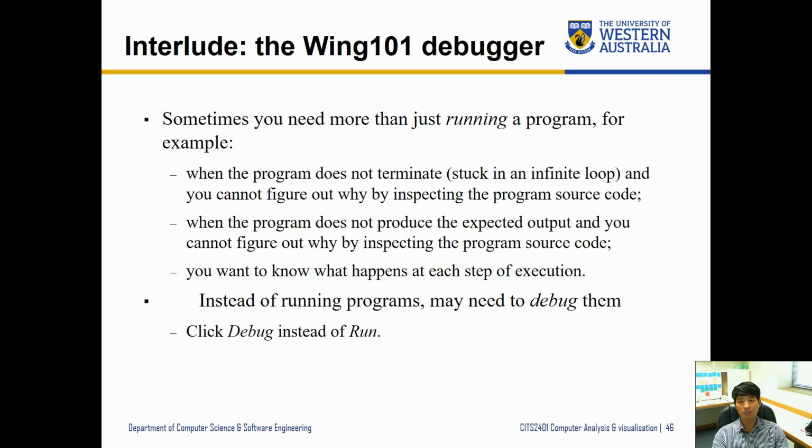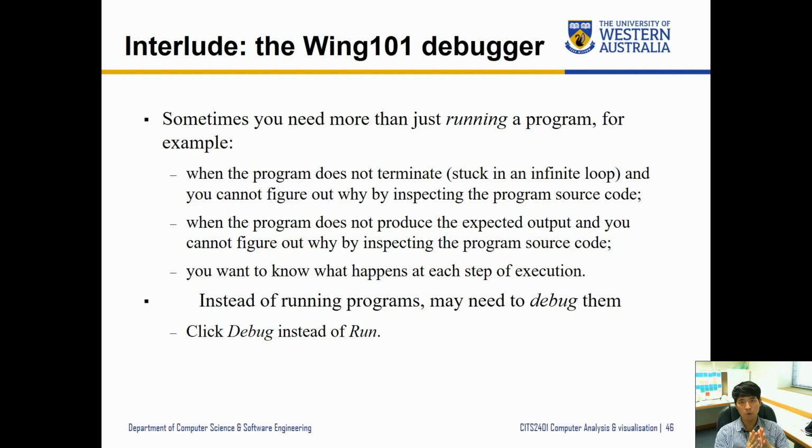Let's have a look. So the debugger in Wing 101 is actually quite useful. Sometimes you need more than just running a program. So for example, when the program does not terminate, the infinite loop, as we've seen before, or when the program does not produce the expected output. Okay, so you were thinking it's going to generate result A, but your program returned result B, then you wonder why.